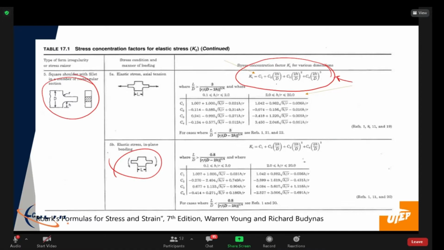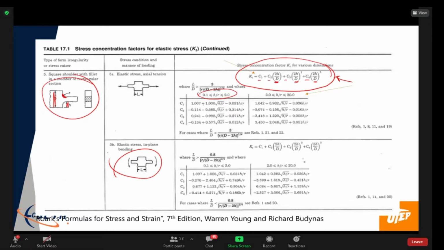And here you can see the parameter is in terms of 2h over d. In this particular case, h over d is another way of getting at the w over L. It's a little bit different than what was in the plots. And then these coefficients C depend upon h over r, the step down over the radius.